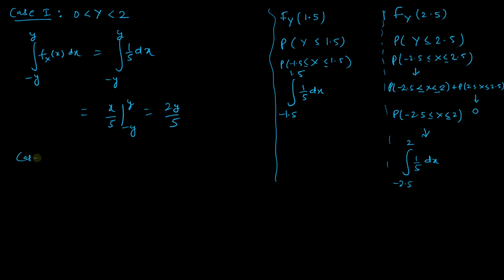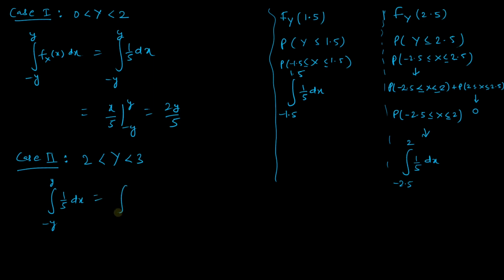Now let's consider the second case, when y falls in the range 2 to 3. So this is the second case that we considered here. That was the specific case, and here we are calculating the general case. So we will write the same thing here also. It will be this quantity.